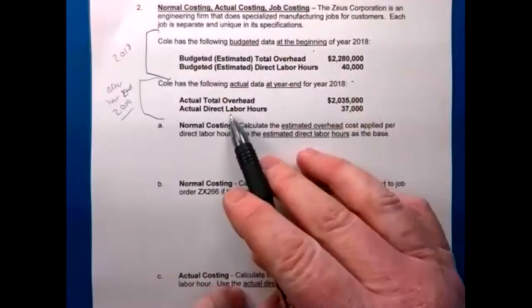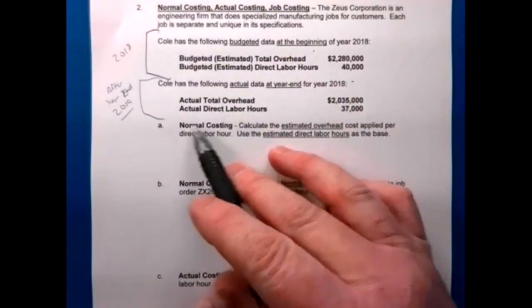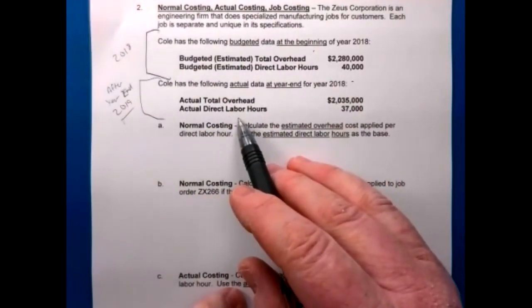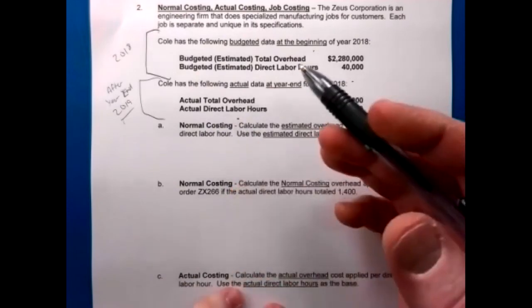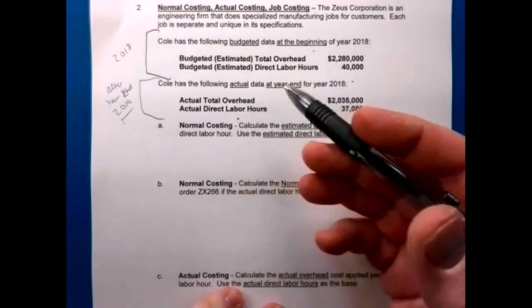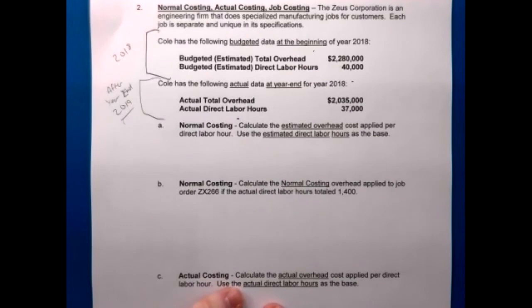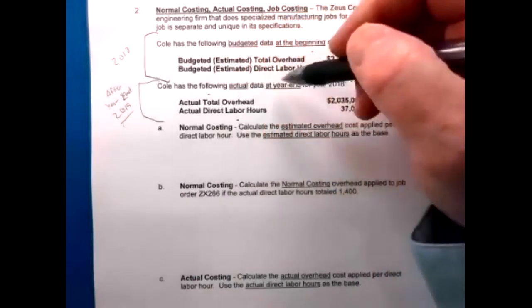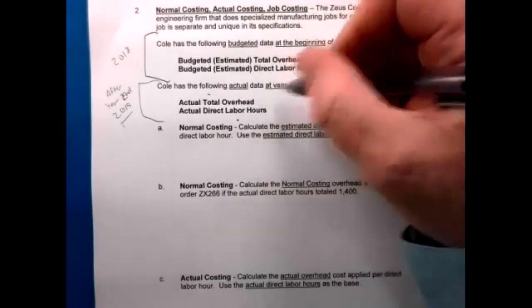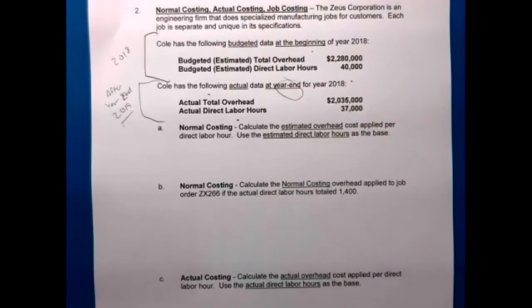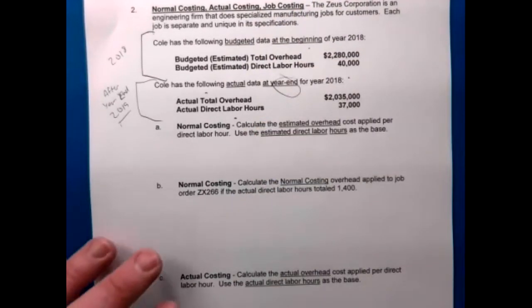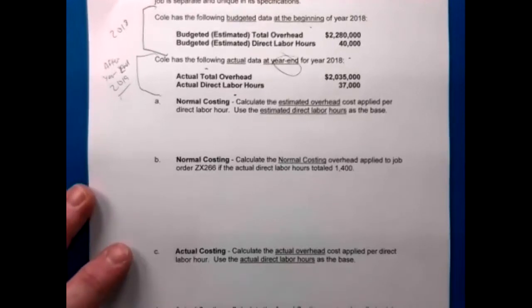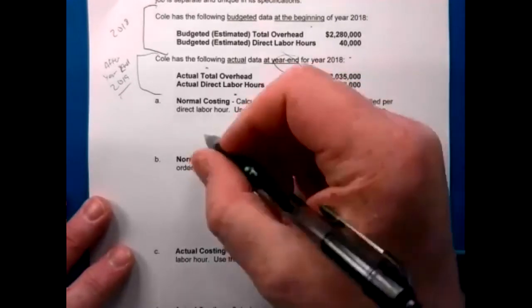And the reason being is you may not even have all the bills for 2019 until after year end. The phone bill, for example, is going to come in January. You're not going to know what it's going to be until after, and that sort of thing. So this actual, well, you might think, oh, we should use that. Actually, you can't, because you've got to wait to the end of the year. And if you're doing this job in January, you can't wait till the end of the year to know if you made any money.